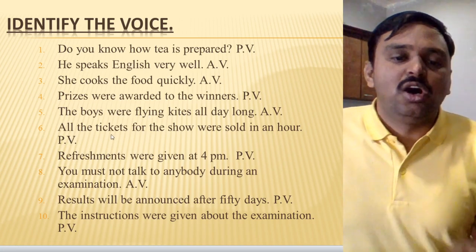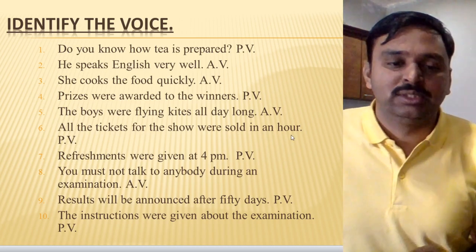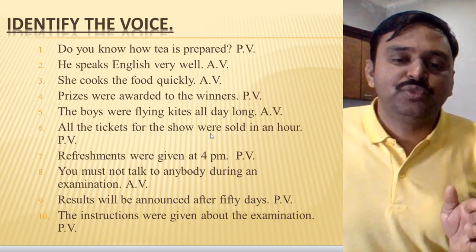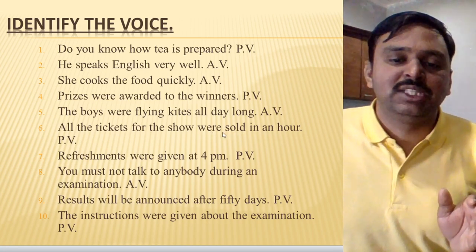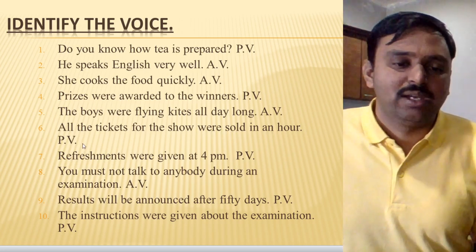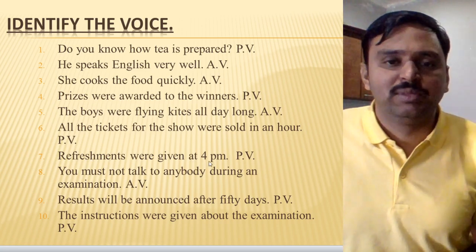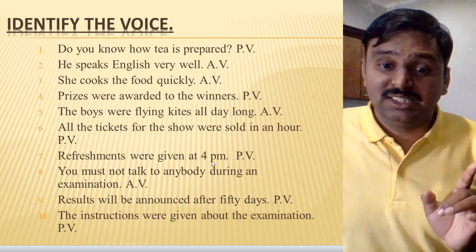Number 6. All the tickets for the show were sold in an hour. Were sold. Look at this, were and sold. To be form plus V3 form is mentioned, were sold. That's why it is an example of passive voice. Number 7. Refreshments were given at 4 p.m. Can you tell the answer?